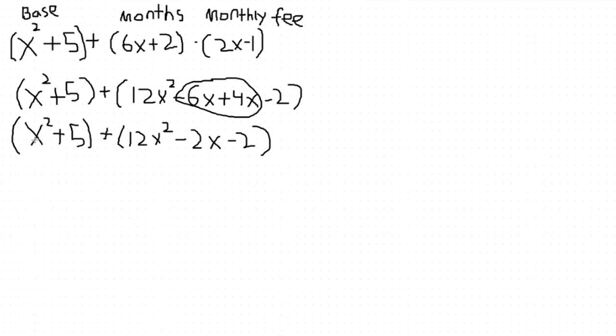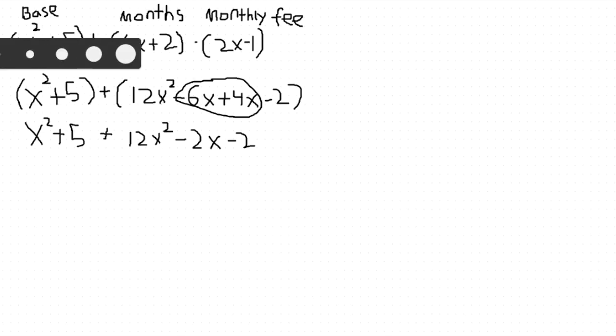So now that we've multiplied, we just have to add these two polynomials. So I'll switch to eraser mode, and you just drop the parentheses and combine like terms. So now we have the expression of x squared plus 5 plus 12x squared minus 2x minus 2. So the sum of this is 13x squared, because x squared plus 12x squared.